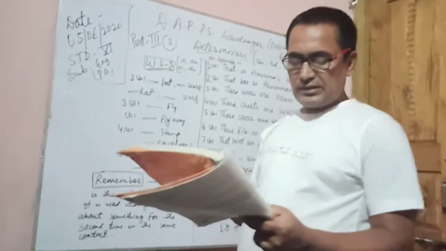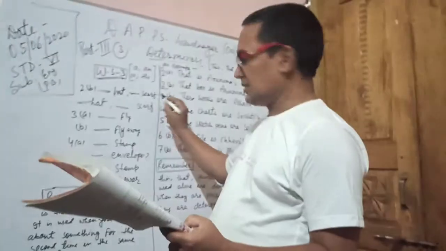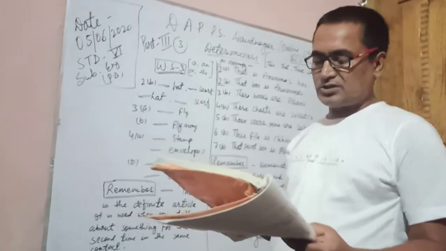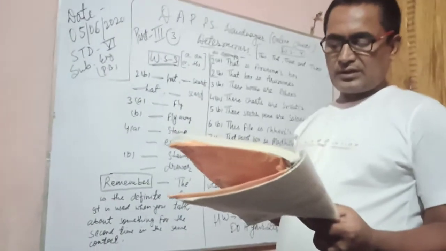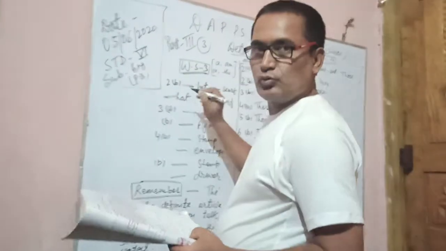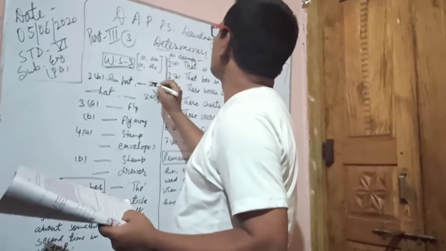Yes, I bought a hat and a scarf. The hat cost me $10 and the scarf $12. So you have to insert here the article a: a hat and a scarf.